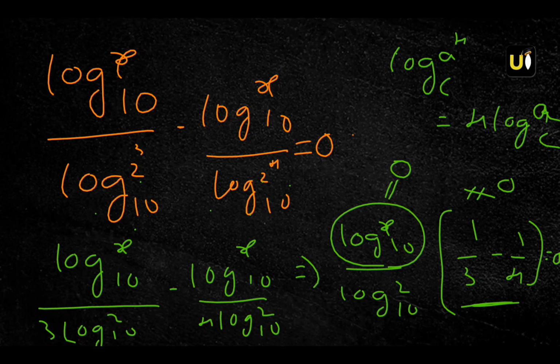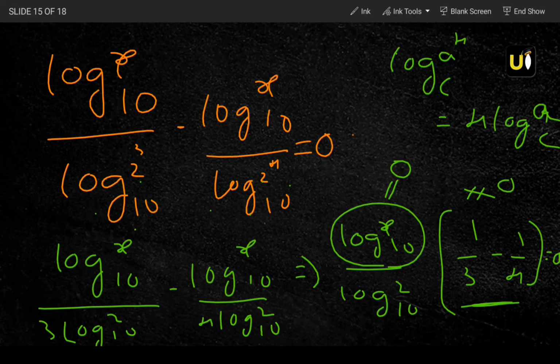Let me see here, there is some extra slide or not. Okay, unfortunately there is no slide. Let me solve this here. Don't get confused. Log x to the base 10 is equal to 0.